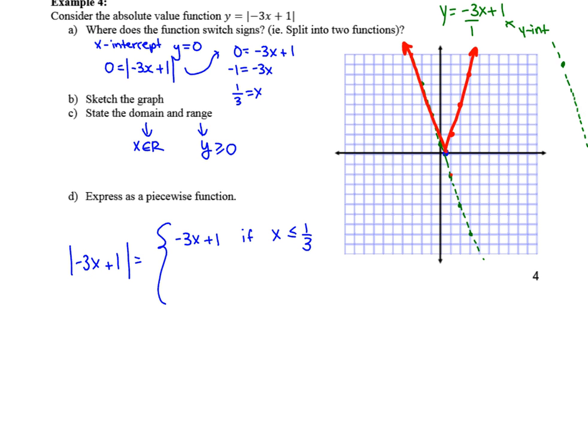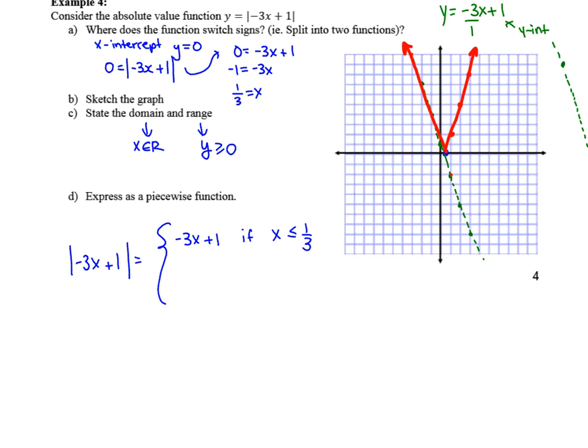Don't be fooled by that negative slope. Y values were positive when x was less than 1/3. Give me a number less than 1/3. Okay, let's do a nice one. -1. If you plug in -1, -3 times -1 is 3, plus 1 is 4. The y values were positive when it was less than, right? They were already above. Look at that dotted line.